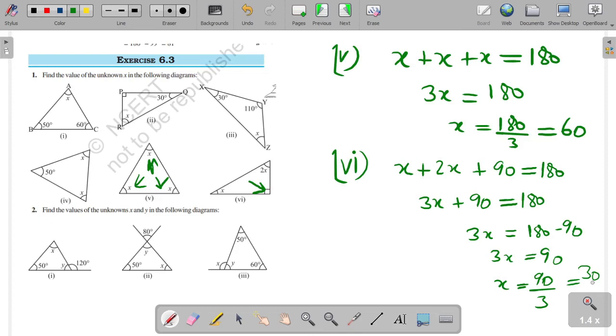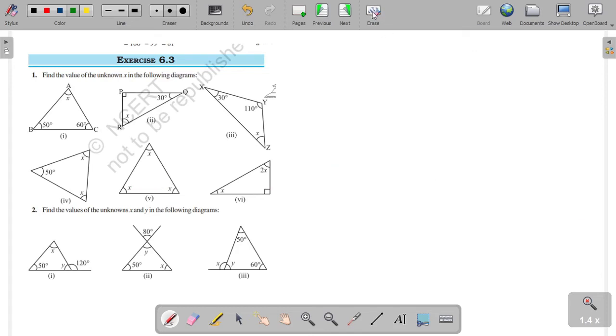Now come to question number 2. In question number 2, both exterior angle property and angle sum property are used. Here you can see this is exterior angle. So we take one by one. Question number 2, first part: x plus 50 equals 120.